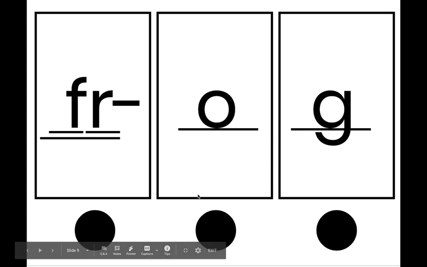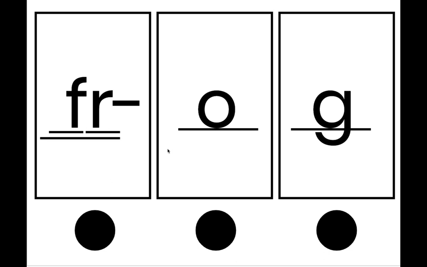Now you may think to yourself, for an example, a word like from. When you do that word, we would pronounce that differently. So from is a sight word that has that schwa sound in the middle, even though it uses an O there. So if you do this with your child, you may come across words like that, and you could point that out.